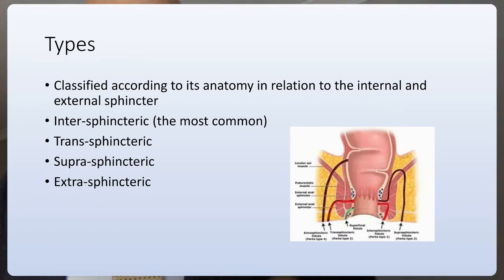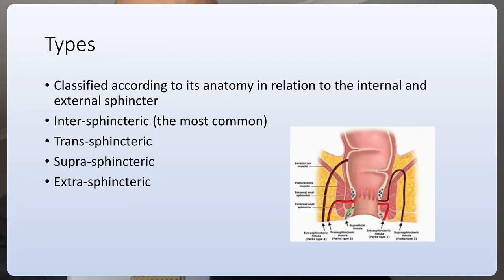So that fistula could be intersphincteric, where the tract goes between the internal and the external sphincter and opens into the anal canal. That's the most common, the simplest, and the easiest to treat. And usually we treat this by a fistulotomy, where we cut down on the fistula over a probe that has already been inserted and leave it open for packing to heal, just like an abscess.